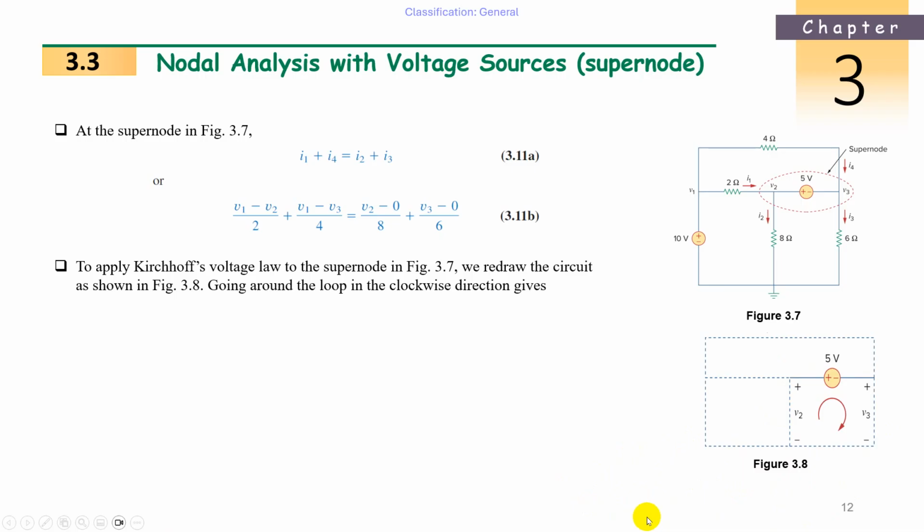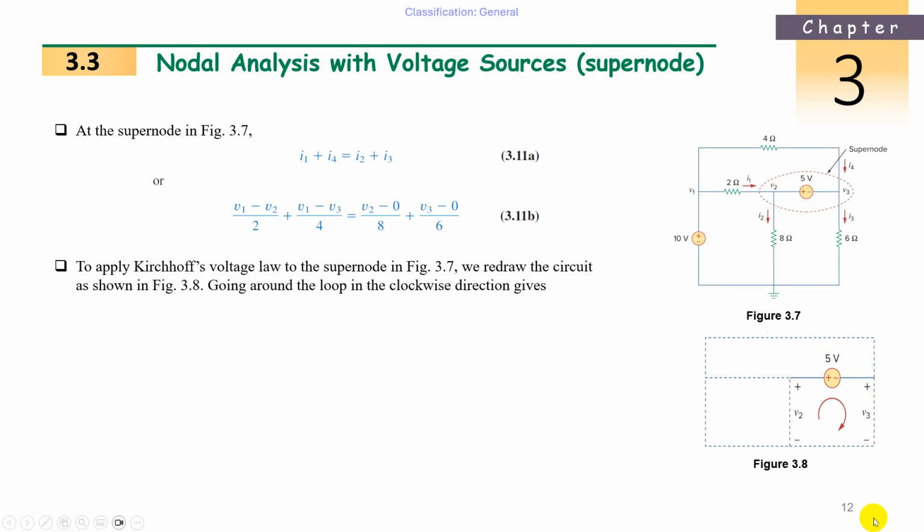Any current leaving from the plus terminal is minus V2. Then current entering the plus terminal is plus. So plus 5 volts. That is minus V2 plus 5 volts. Then current entering here also, so plus V3 equal to 0.